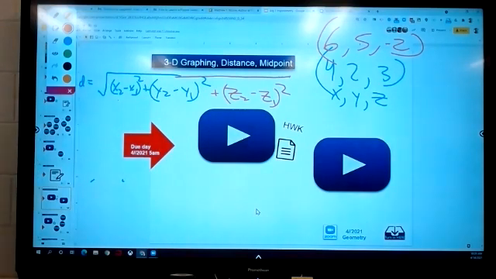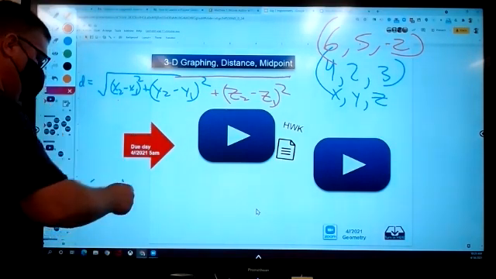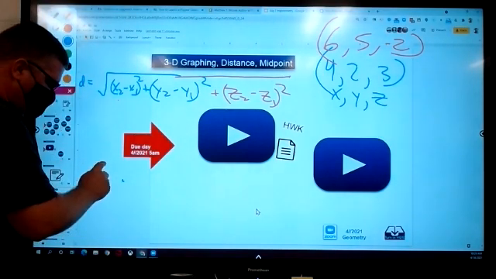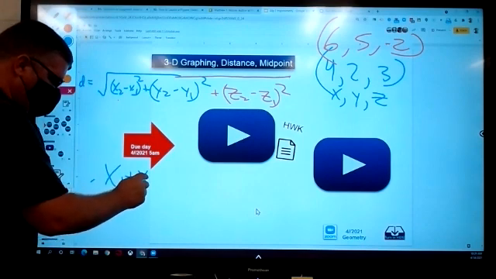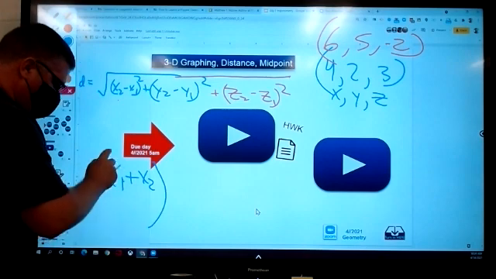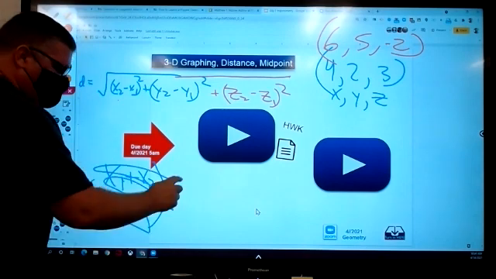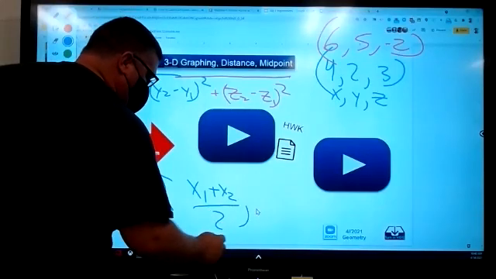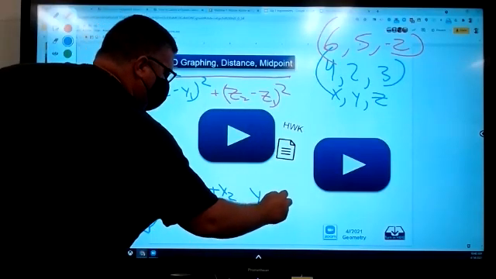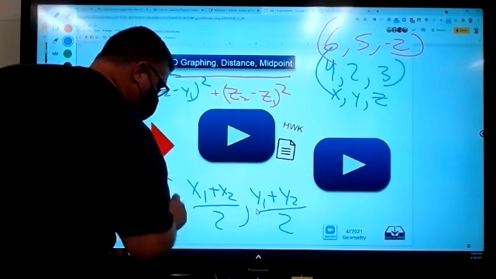Anybody's brains leaking out their ears at this point? No. Okay, so what's the midpoint currently? It's x1 plus x2, all over 2, comma. Math is hard.